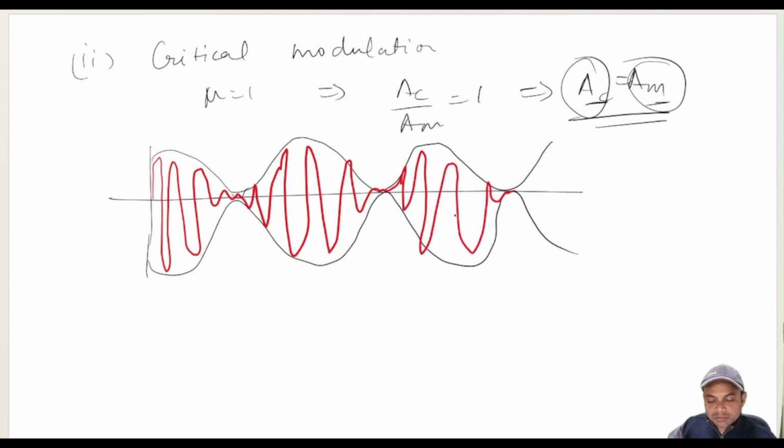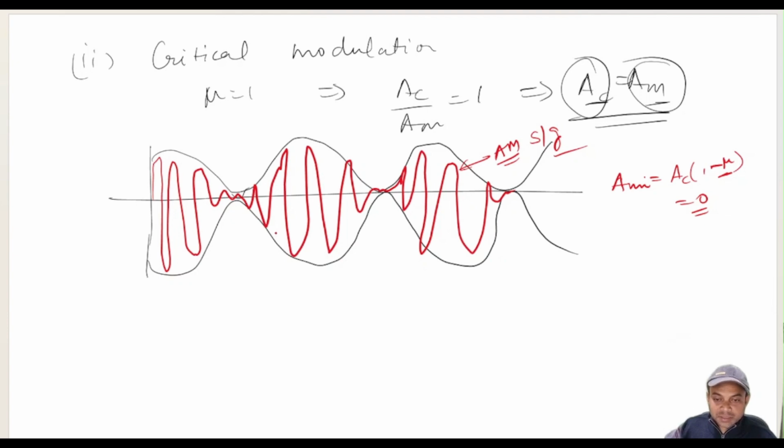I am not drawing it so clearly, but I hope you understand what I want to explain. What will be A min in this case? A min will be AC into 1 minus mu. Mu is 1 here, so it is 0.